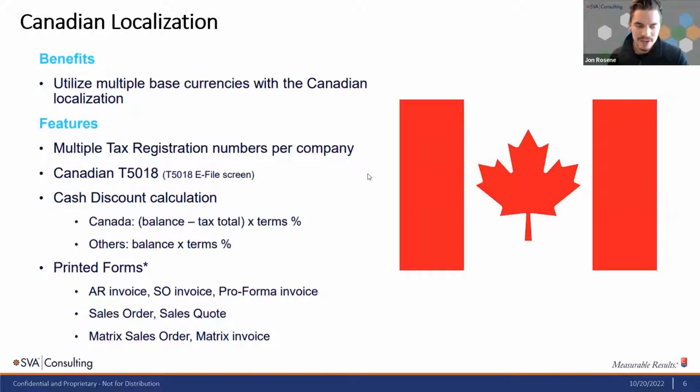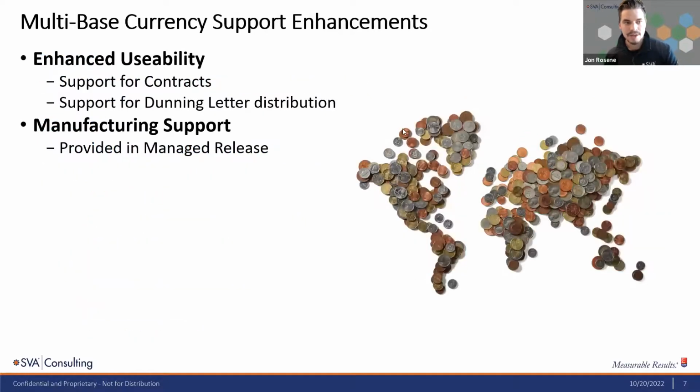And as Andrea progresses us into the next slide with the multi-base currency support, we'll see that a similar feature that had been set at a tenant level historically within Acumatica, but in 22R1, the version earlier this year, we saw multi-base currency support within the tenant.